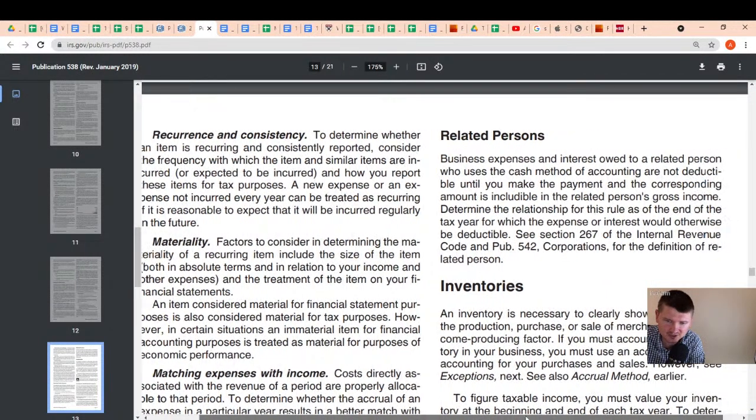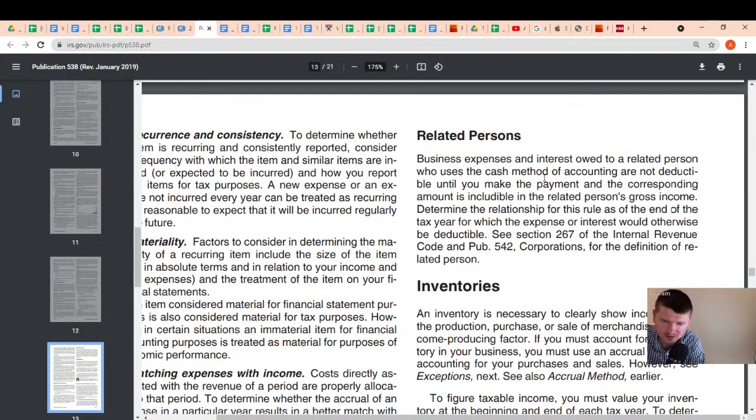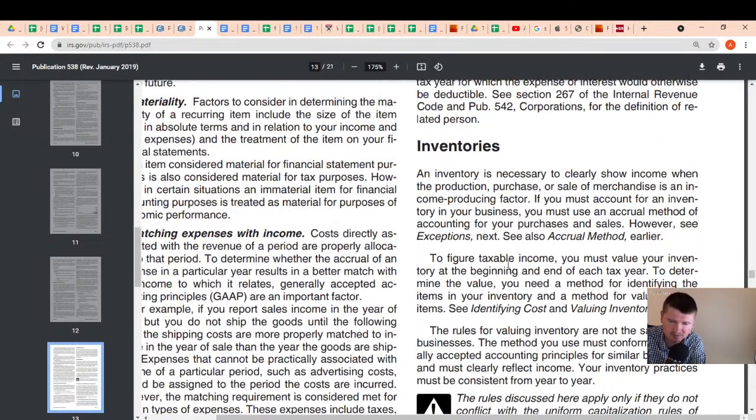If you engage in a transaction with related persons, it is possible, if you use various methods of accounting, like if they use a cash basis and you use an accrual basis, and if you engage in transactions which are intended to decrease your taxable income, you will not be able to deduct those expenses. So that's that statement.